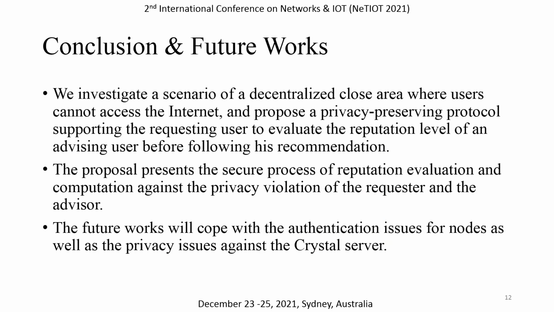To conclude, in this paper we investigate a scenario of a decentralized closed area where the users cannot access the internet, and propose a privacy-preserving protocol supporting the requesting user to evaluate the reputation level of an advising user before following his recommendation.